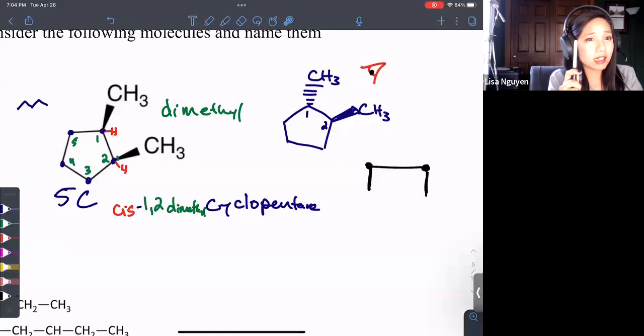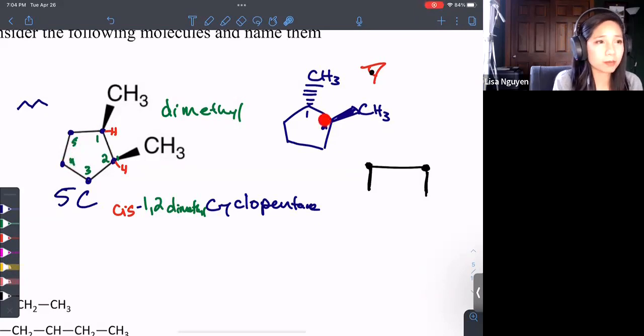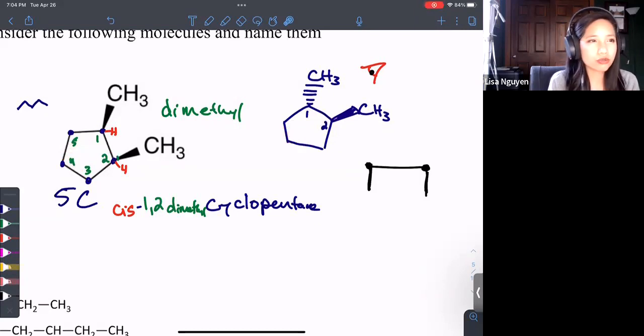Are they completely different molecules, or are they the same molecule? If we look at these 2, how are they related? I think how I phrase it on an exam is, how are these 2 molecules related, if related at all? This one and this one. Are they the same molecule? They're not the same molecule because they have different names.